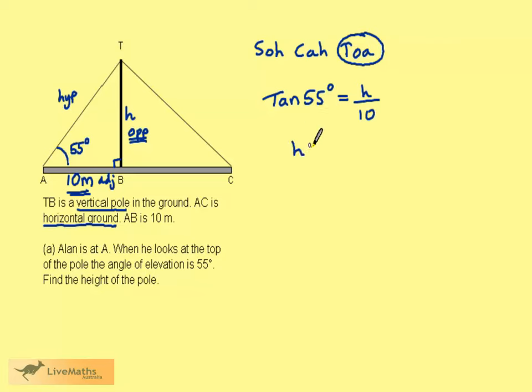Multiplying through by 10, h is then equal to 10 times the tangent of 55 degrees. So calculating, h is equal to 14.28 and so on. So to three significant figures, we give the answer 14.3 meters.